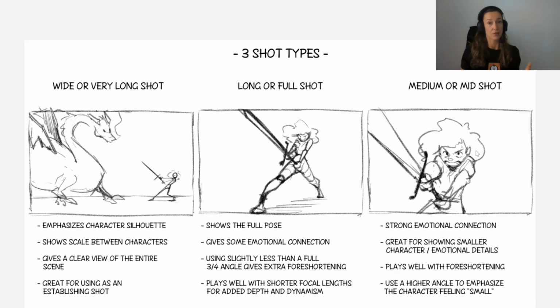It's always following those. They are magnets for the viewer. Keep that in mind in your animations. It also plays well with foreshortening. And if we use a wide angle, it will emphasize the character feeling small. We could have done that on our shot as well, but that was not our goal.